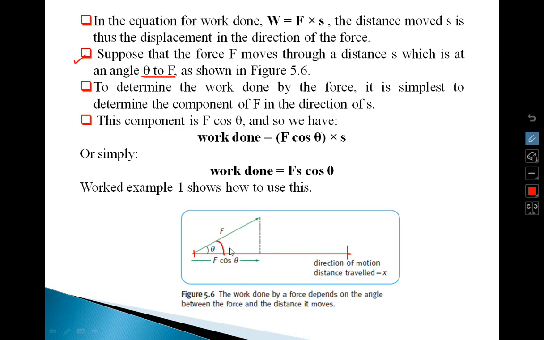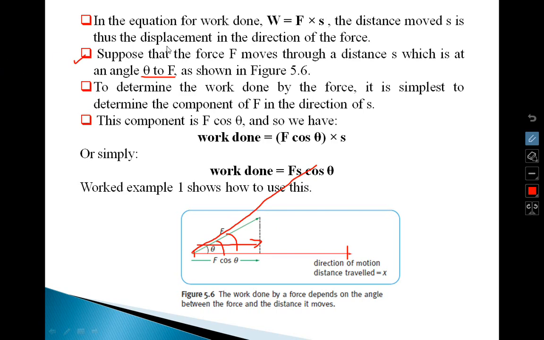So now here the work is different, because the force is not in the same direction as the motion. F is not in the same direction as S. This is the direction of movement, and the direction of the force is in this way. So there is an angle between F and the direction.